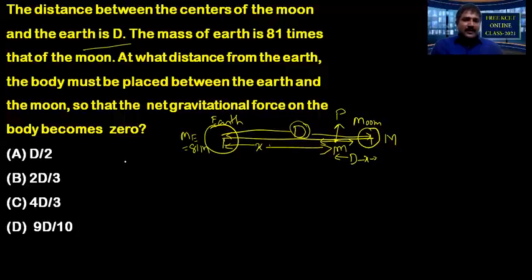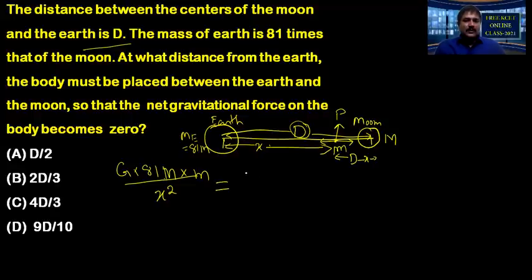Let me write the magnitude of the force on that body by Earth: G, mass of Earth Me, which I can write directly as 81 m, times the mass of the body, say m, divided by the square of the distance, x squared, since I have taken x as the distance of the body from the center of the Earth.